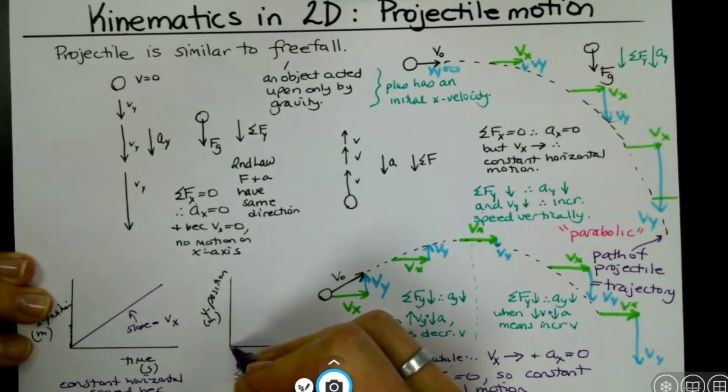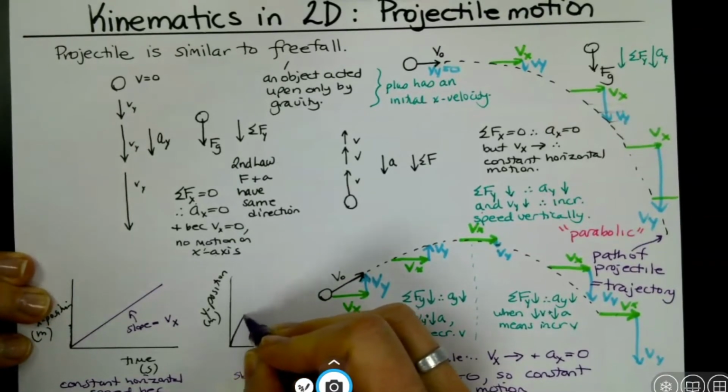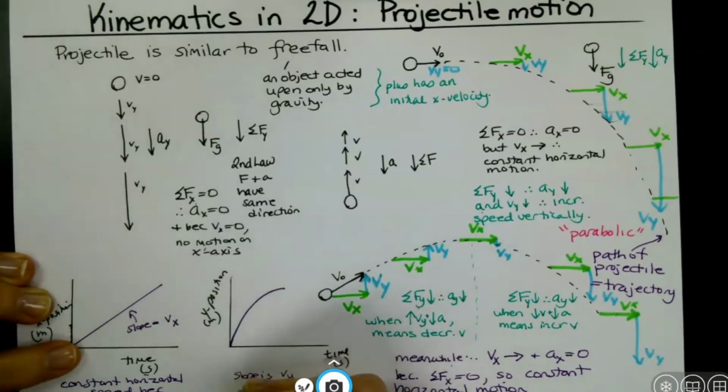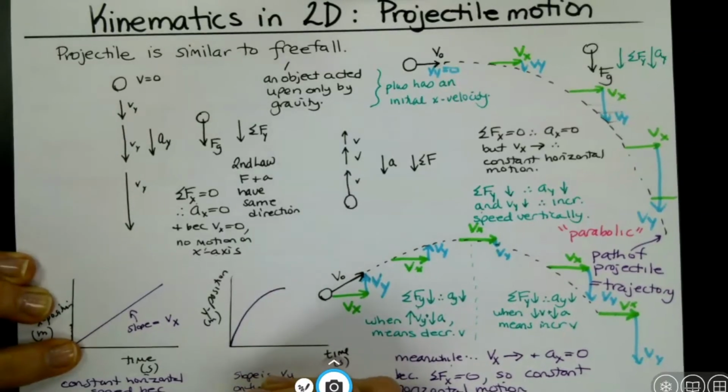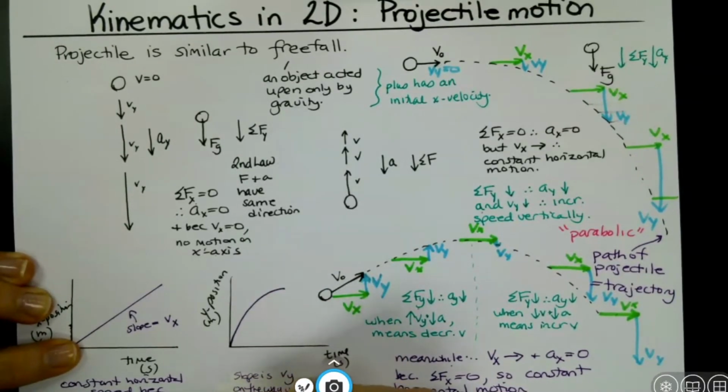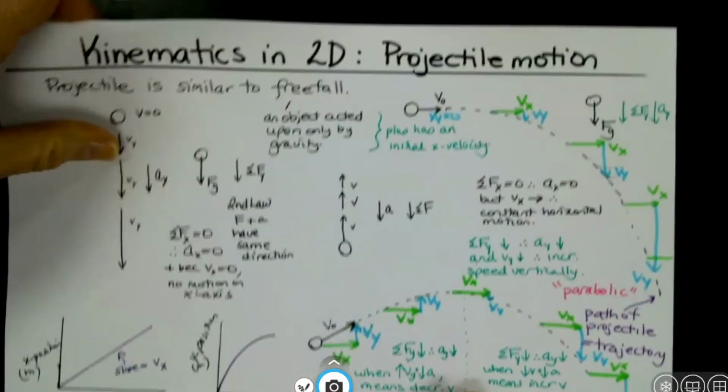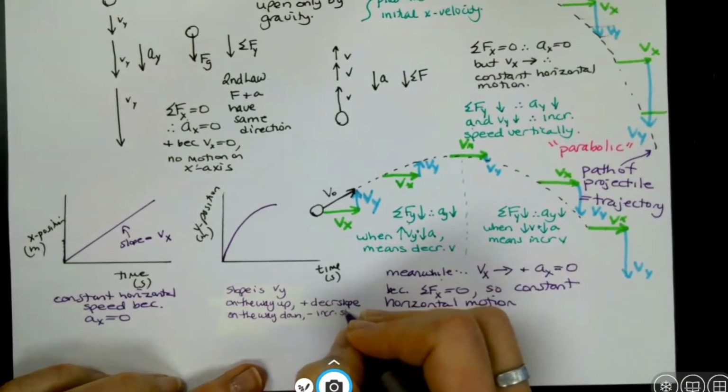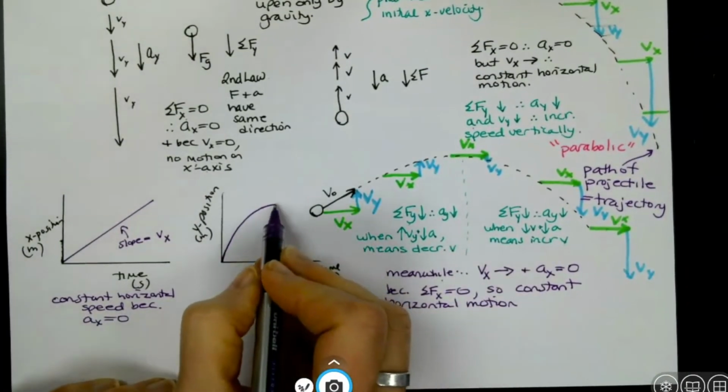So we're decreasing speed, so the slope is decreasing. So on the way up, it's going to be positive and decreasing slope. And on the way down, it's going to be negative increasing slope. So that looks like this.